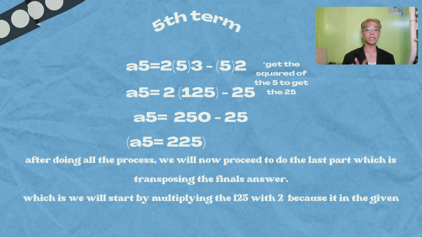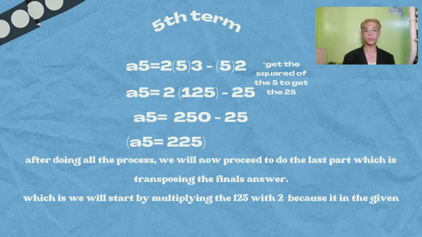And after transposing the given, we will proceed to the process of the sequence by multiplying the cubes since we converted the value of n into 5. We will now be multiplying 5 three times by itself, or 5 times 5 times 5, to get the cube of 5.